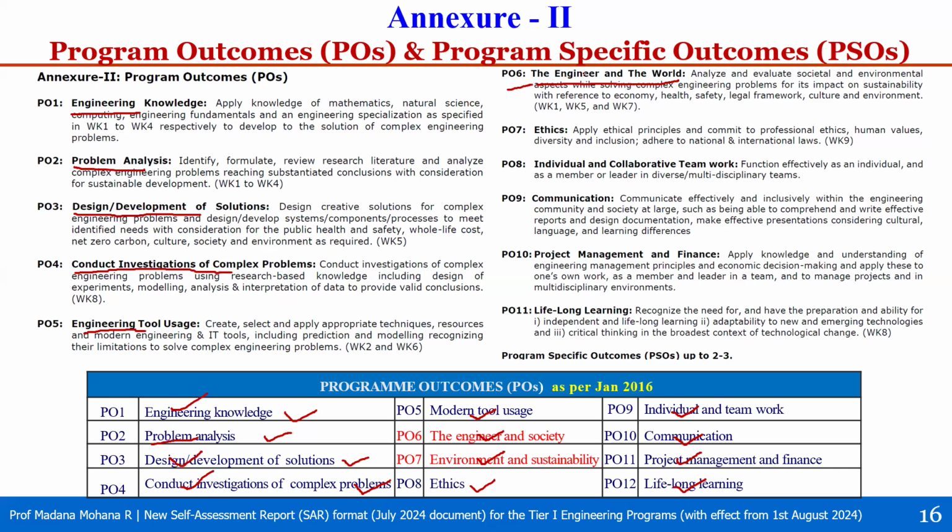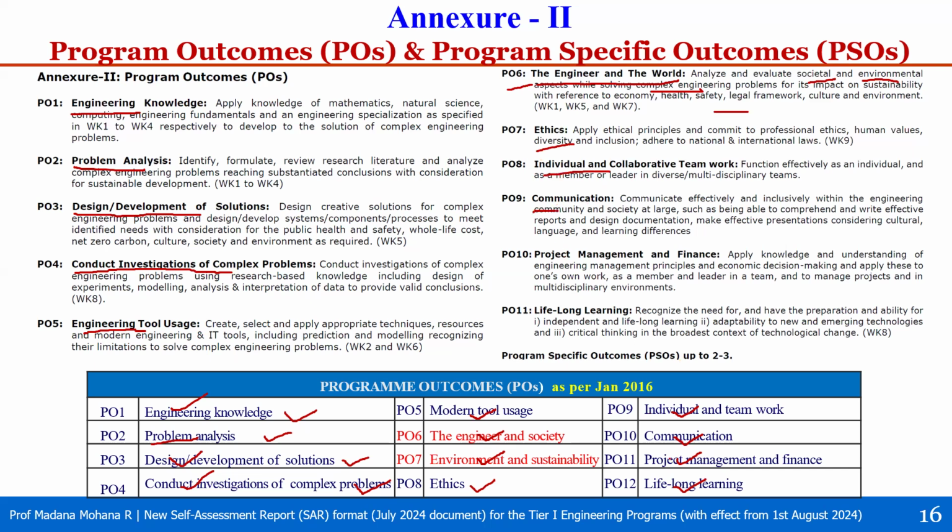Now you can see the engineer and the world: analyze and evaluate societal and environmental aspects while solving complex engineering problems for their impact on sustainability with reference to economy, health, safety, legal framework, culture and environment. Here you can see environment and sustainability combined with engineer and society. Then PO7 ethics, same, here PO8. Then individual and collaborative teamwork also same, here PO9.